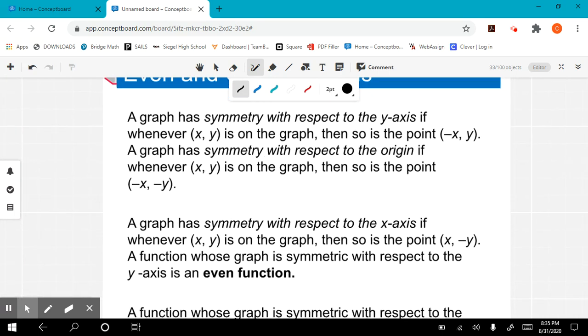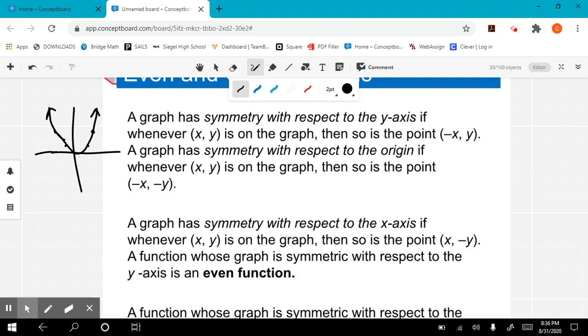The way they're talking about odd and even is by symmetry. A graph has symmetry with respect to the y-axis if whenever x, y is on the graph, then so is the point negative x, y. Basically what that's saying is if you have a graph that has a point on the left side of the y-axis and it is mirrored on the right side, and every point that's on this side is mirrored on this side, so that when you connect the dots, you have a graph that is basically mirror images across the y-axis.